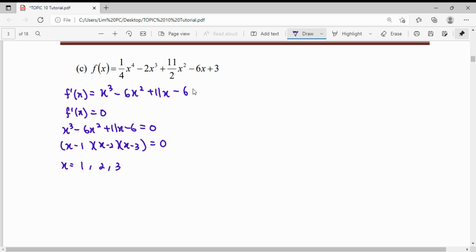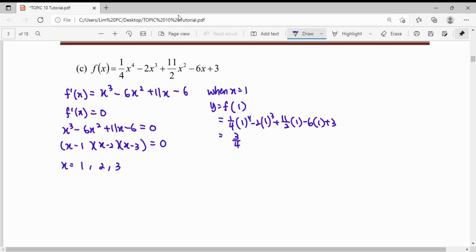So that will be our coordinate. So for x equals to 1, we're going to find out its coordinate y. Substitute 1 into the function. So when we substitute 1 into the function, we get 3 over 4.